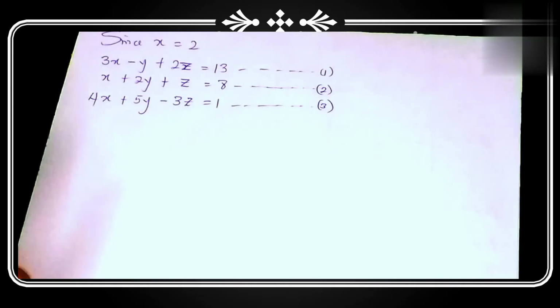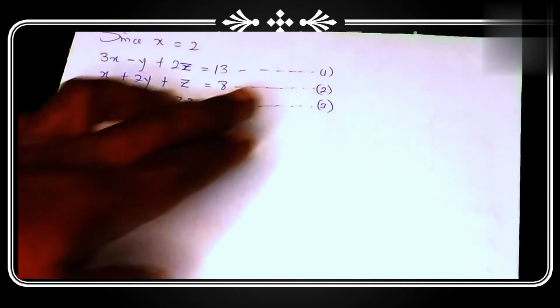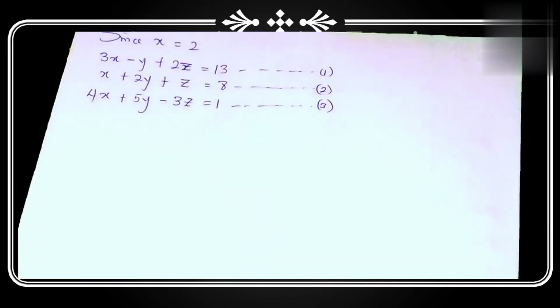Now, since x is equal to 2, as we have found, we can now choose any of these equations and find out the value of either y or z. Now, I would like to replace x for equations 1 and 2 because I have labeled each equation as 1, 2, and 3.